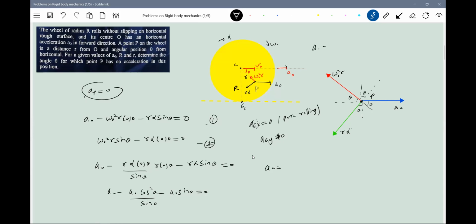A naught is in fact capital R alpha. Alpha is also unknown, no? Alpha will be a naught by capital R, cos square theta sin theta.